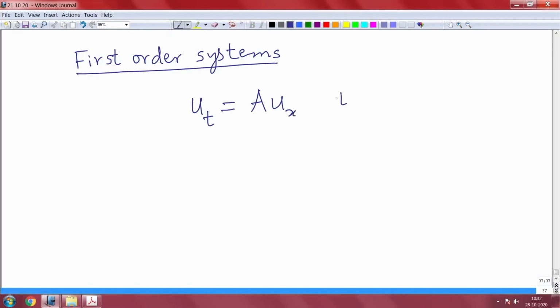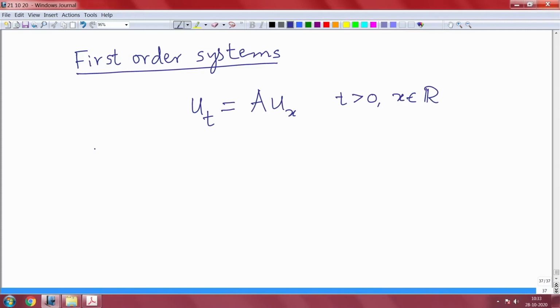So, again t is a positive real number and x varies over the real line. So, it is a first order system in one space variable.